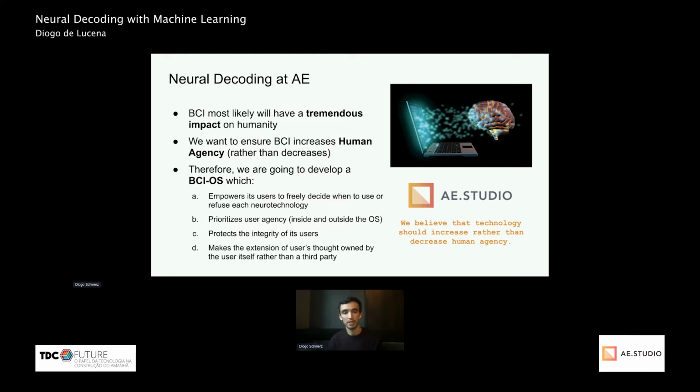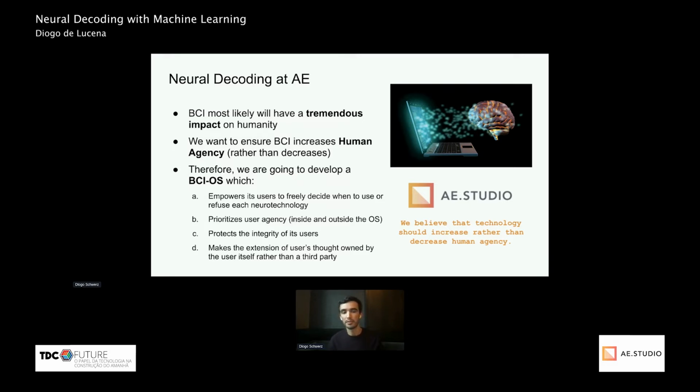And we want to make sure that whoever develops BCI helps increase human agency rather than decrease it. You can imagine how big tech companies, or for example, social media companies could use this in a way that is not really helping people increase their agency and taking your thoughts into ways that are not really what you intend to use it.